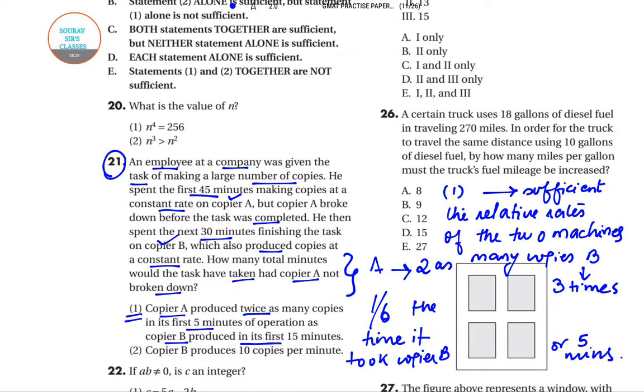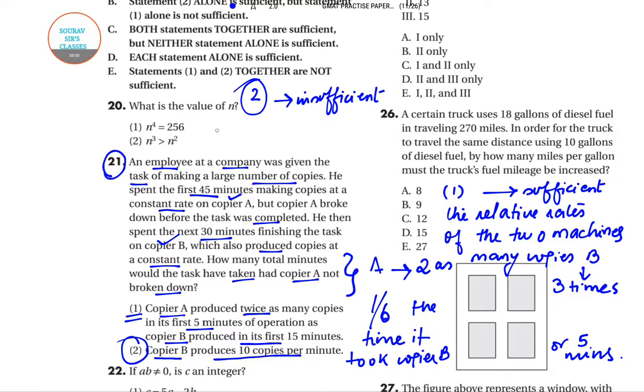Now we will move on to statement number 2. Statement 2 says copier B produces 10 copies per minute. This statement 2 is alone insufficient. Why am I saying this?